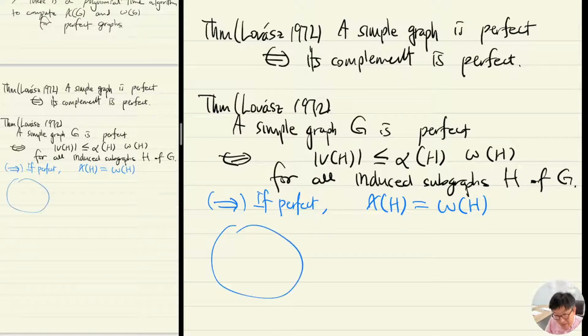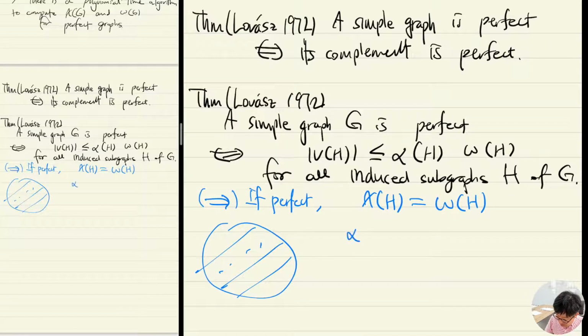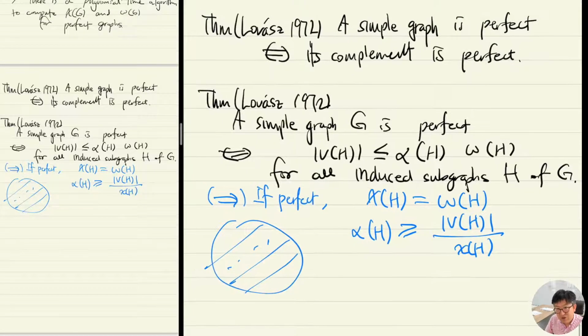Because by the pigeonhole principle, one of the stable sets formed by vertices of the same color will have no edges between them. So alpha of the graph is at least the number of vertices divided by the chromatic number. This is true in any graph. So when you multiply that, you get the inequality. In any perfect graph, the number of vertices is at most alpha times omega.